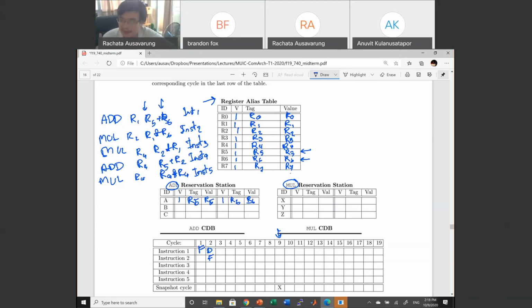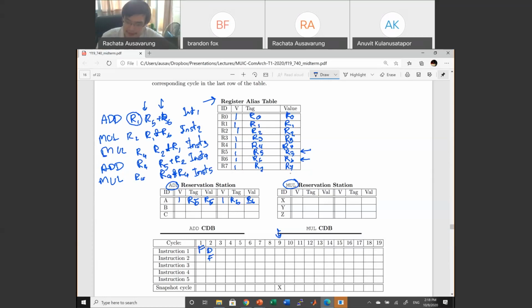Next, before we finish cycle number 2, what does the add modify? Which register does the add modify? What's the destination of my first instruction? You are modifying R1, right?